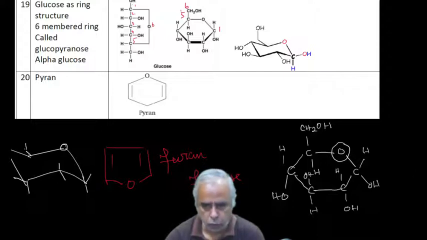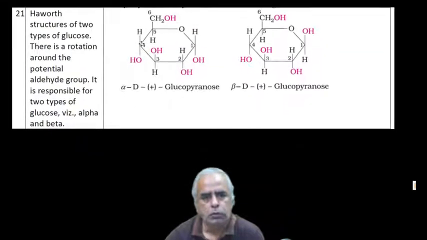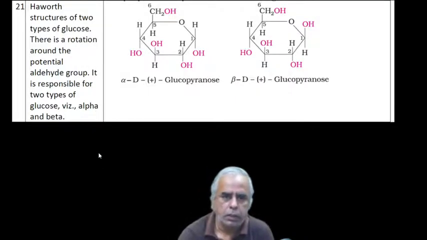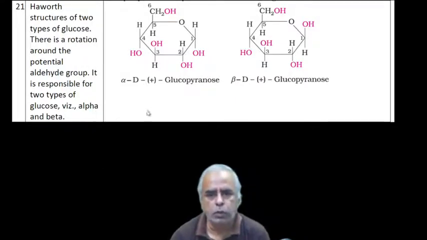Let me explain about this. So draw this. This is known as glucopyranose, and this can be called alpha glucopyranose, beta glucopyranose.